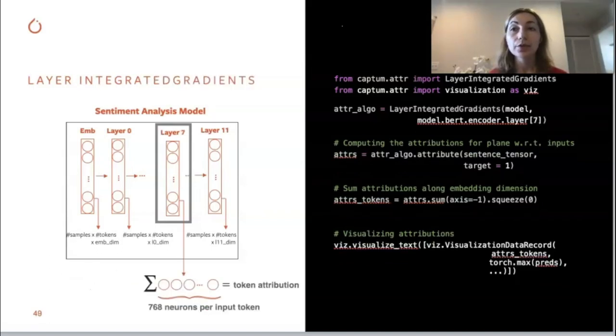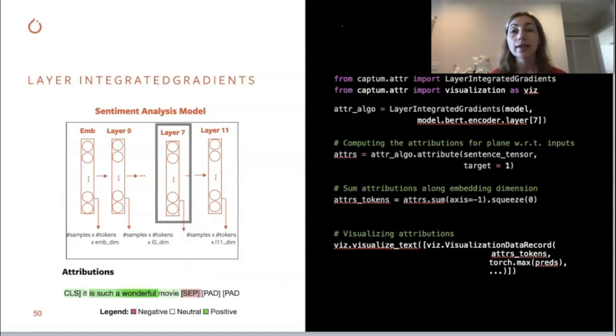Now let's move to another algorithm, namely layer integrated gradients, and see what kind of importance signals the layers and neurons learn. Similar to the previous algorithm, we call attribute on the instance of the algorithm, which in this case is layer integrated gradients, and we summarize the attribution for all 768 neurons per token so that we can visualize a summary of neuron attributions for each token.